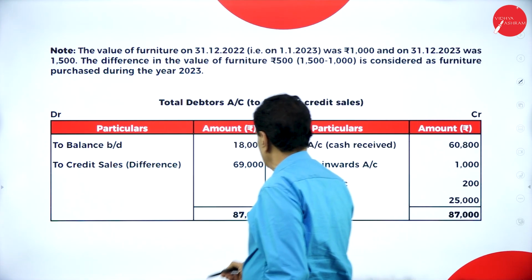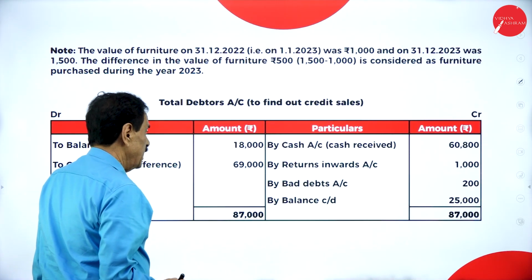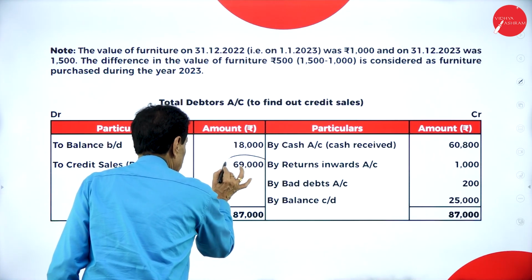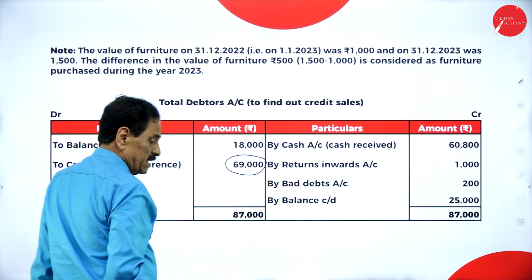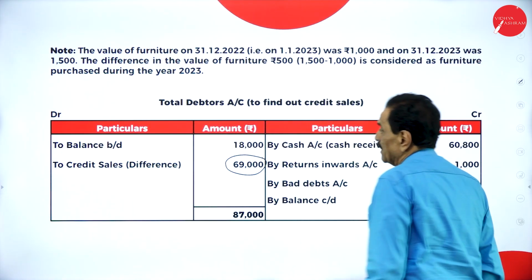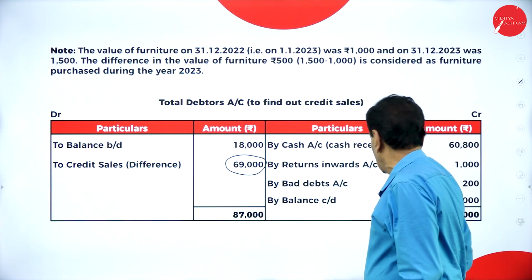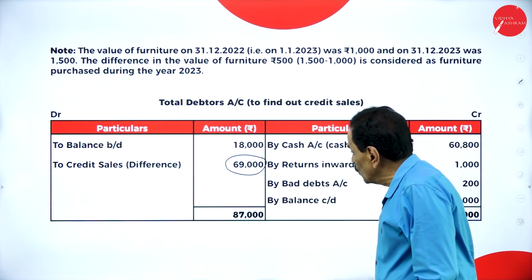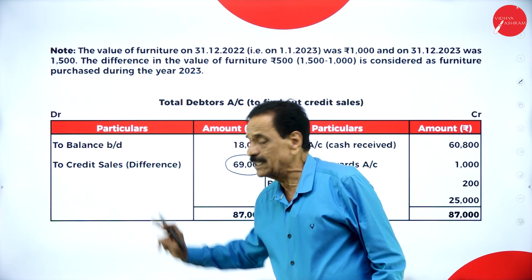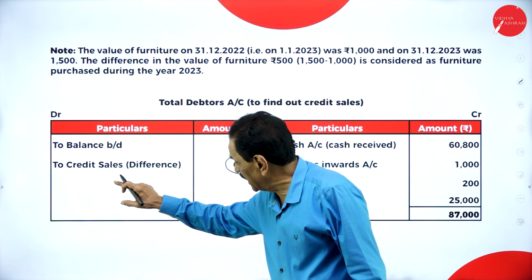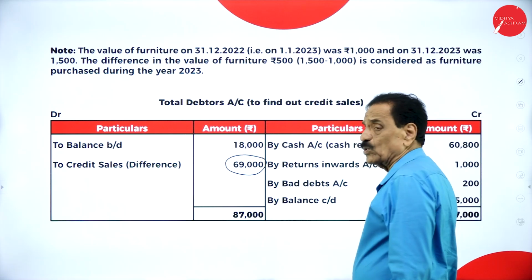Out of 87,000 deduct 18,000. Difference is 69,000, that is nothing but the credit sale. Generally, a debtor account will be prepared to find out the credit sale or closing debtor. If the closing debtor is given, the difference is credit sale. If the credit sale is given, the difference is the closing debtor.